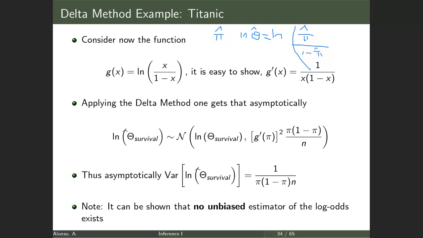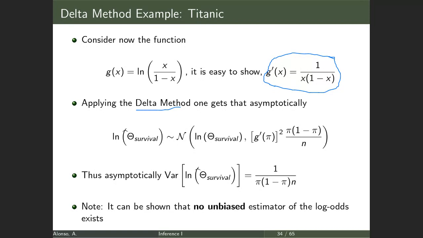So as you can see, what we are dealing with here is a function like this, g of x. And this function has a derivative. You can show it very easily. That's the derivative of the function. And now you can apply the delta method because pi hat itself follows a normal distribution because of the central limit theorem.